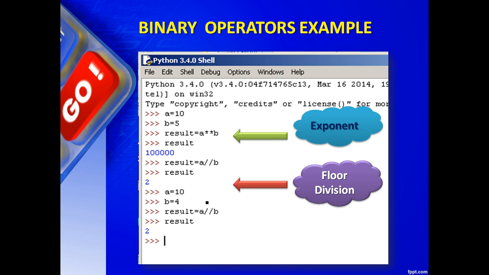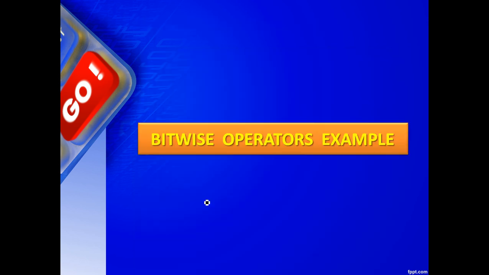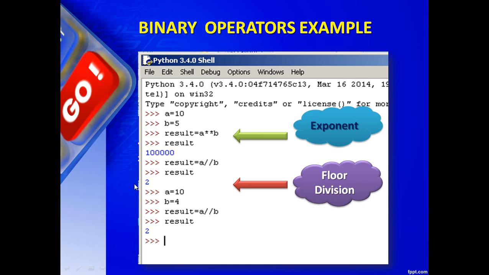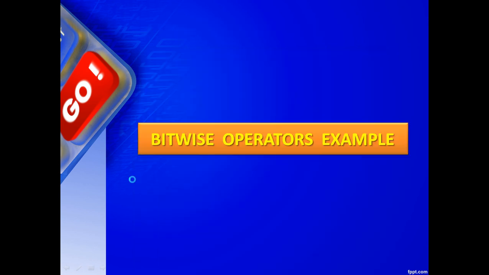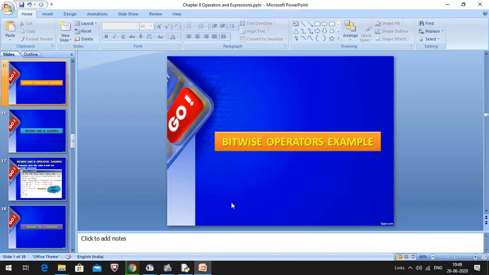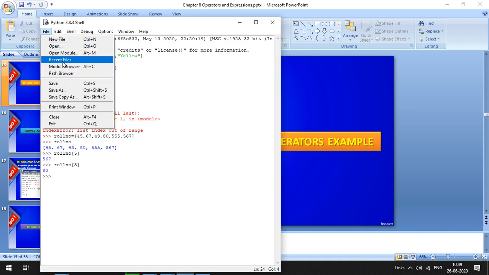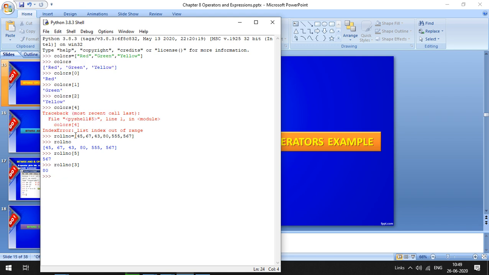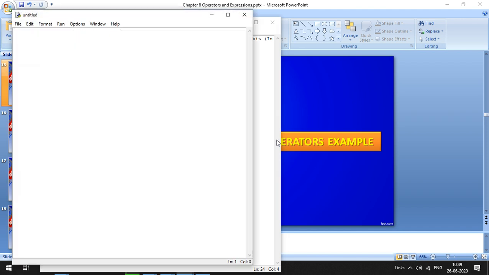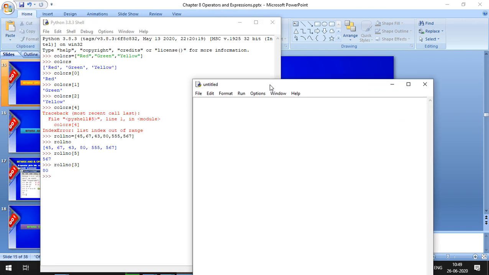I will open Python, right? Now, if you want to write a program, you can write a program. If you want to type at the shell, it means one by one command you have to execute. So I will write a program, better.